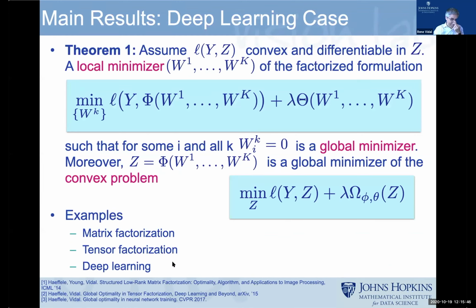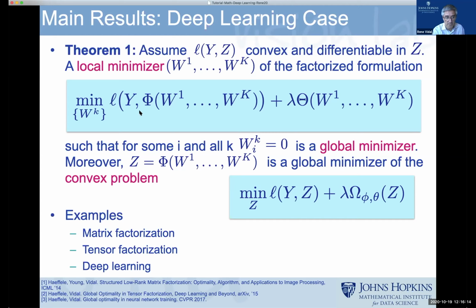So with that, I can now easily, or at least in words, generalize the main result, which is the following. Suppose that you give me a loss that compares the labels y to the output z of the network. And suppose that it's convex and differentiable in z. A local minimum of the training objective, which is given here.